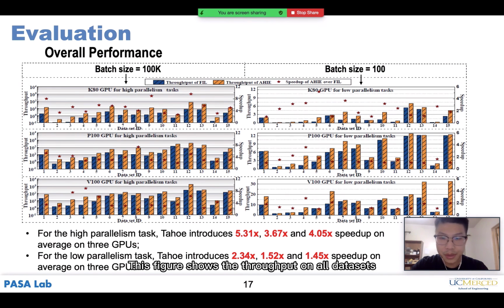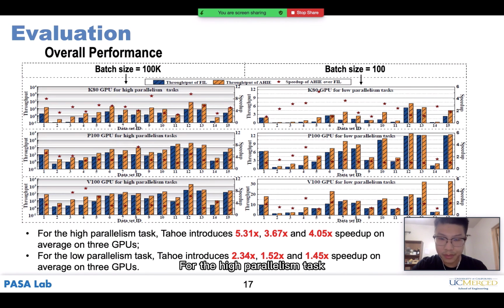This figure shows the throughput on all datasets. We show performance using 2 batch sizes, 100,000 representing the use cases with high parallelism, and 100 representing the use cases with low parallelism. It shows that Tahoe performs much better than FIL.